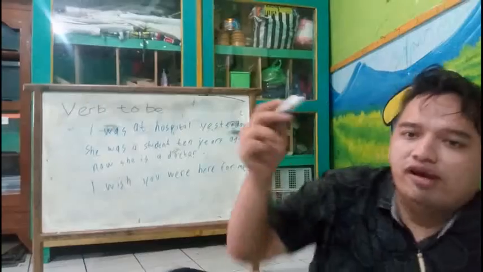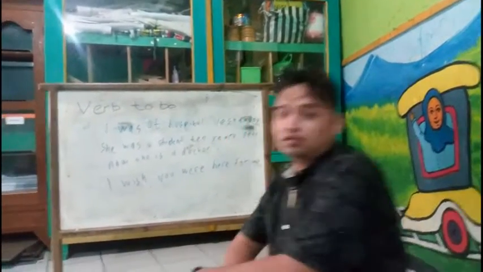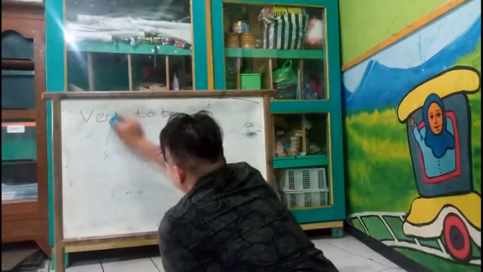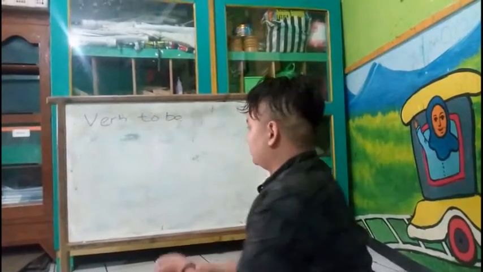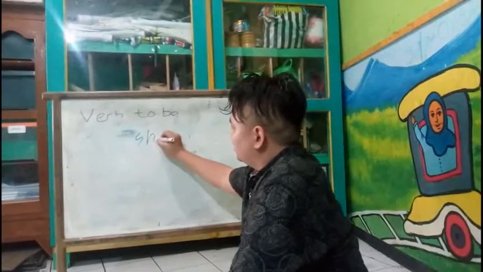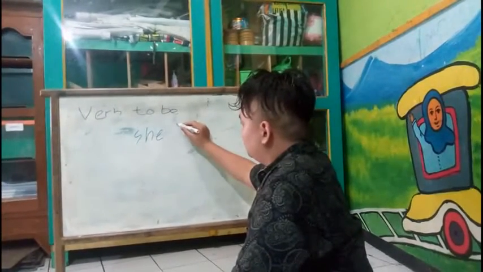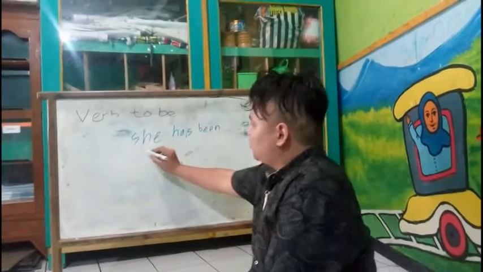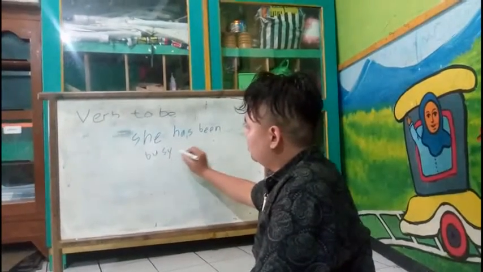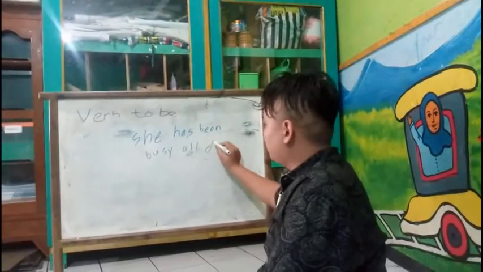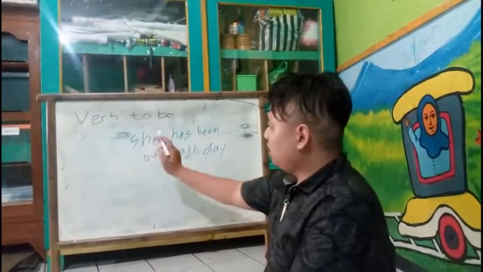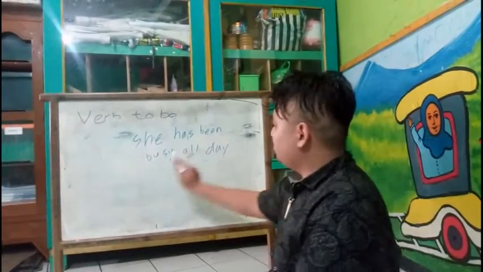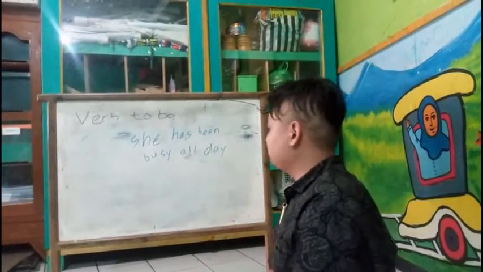For example, for the past participle been: she has been busy all day. That is the example for been.